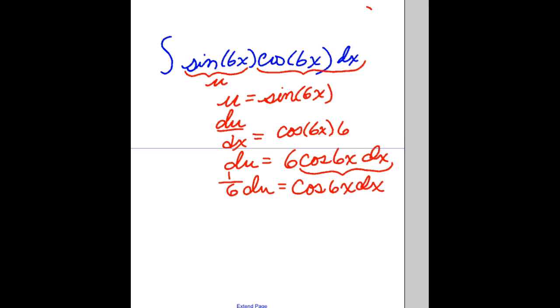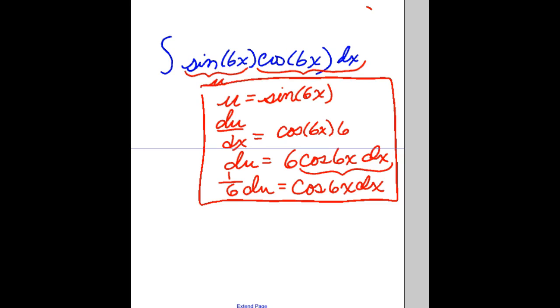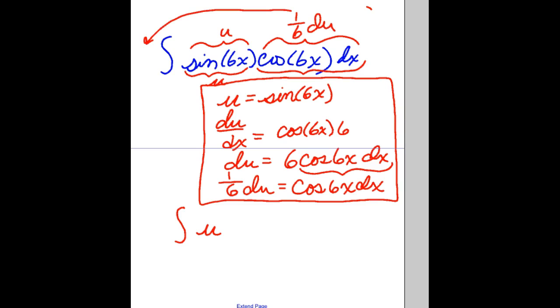Now I'm ready. This box is just helping me change this into a function of u that I can easily integrate. Now if I am doing my integral, I've got u, right? And then I've got 1/6 du, but I bring the 1/6 out front of the integral.